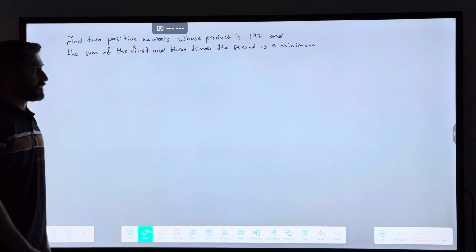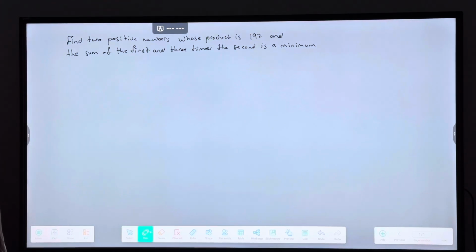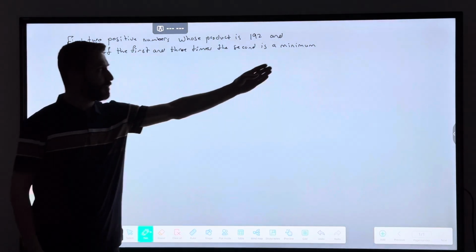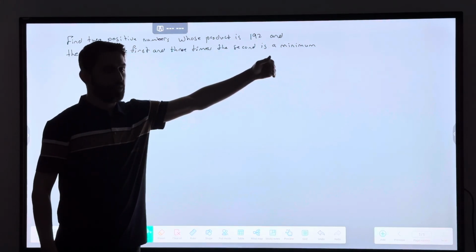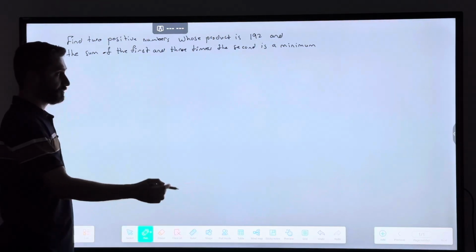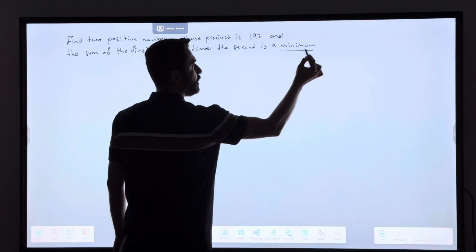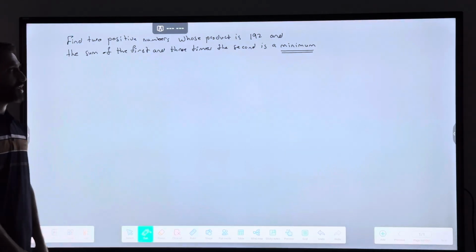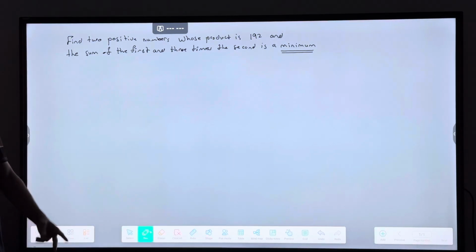This is a question in optimization, chapter 4, section 5. Since we have minimum or maximum, this is related to optimization. So we have to make two equations, primary equation and secondary equation.